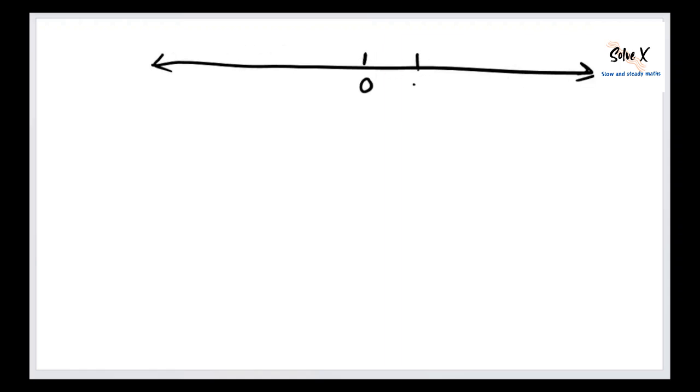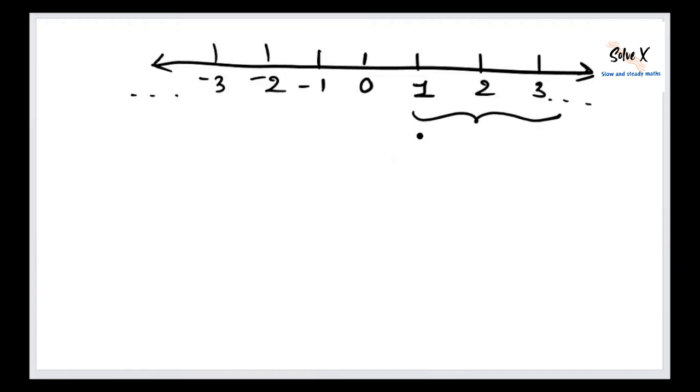So integers are numbers which can be positive or negative. All the numbers beyond 0 are called positive integers.